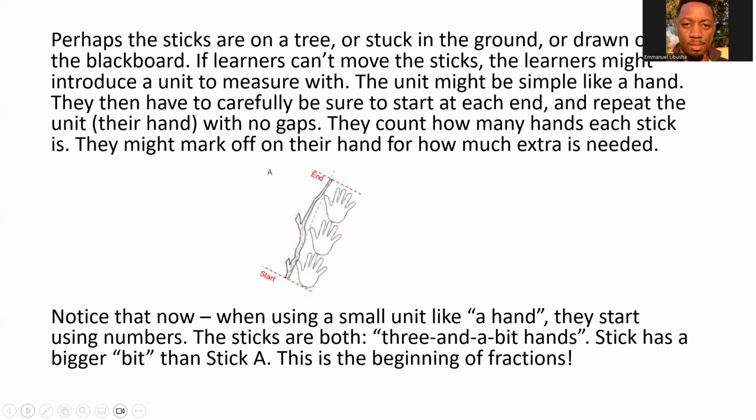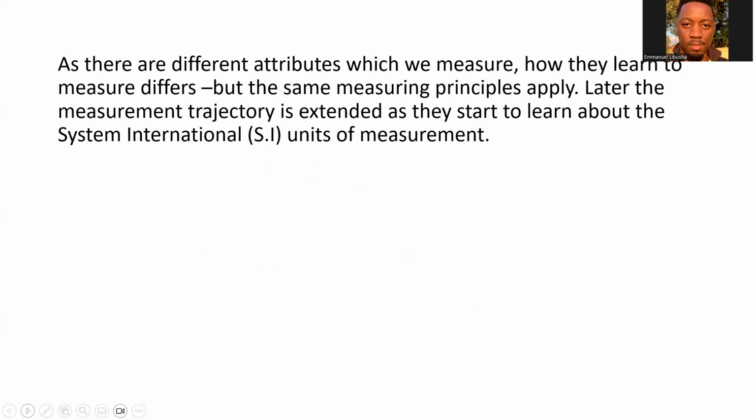Same thing here. There must not be a gap. If you're measuring, you can use continuous objects by saying, okay, we're going to use hands or the palm of the hands as the unit of measurement. And by so doing, you can then count the number of hands and be able to tell which one is longer in terms of how many hands that one can cover. Okay, so as there are different attributes which we measure, how they learn to measure differs, but the same measurement principle applies.